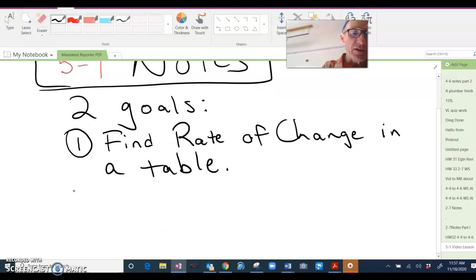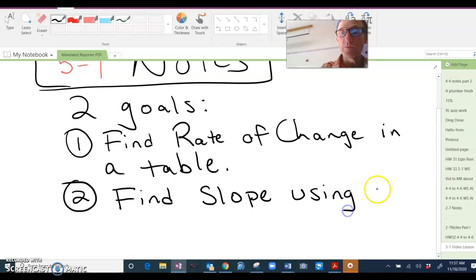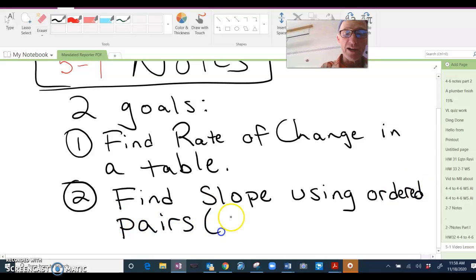And the second goal is to find the slope of a line. Find slope, using ordered pairs, which are x, y, and graph.